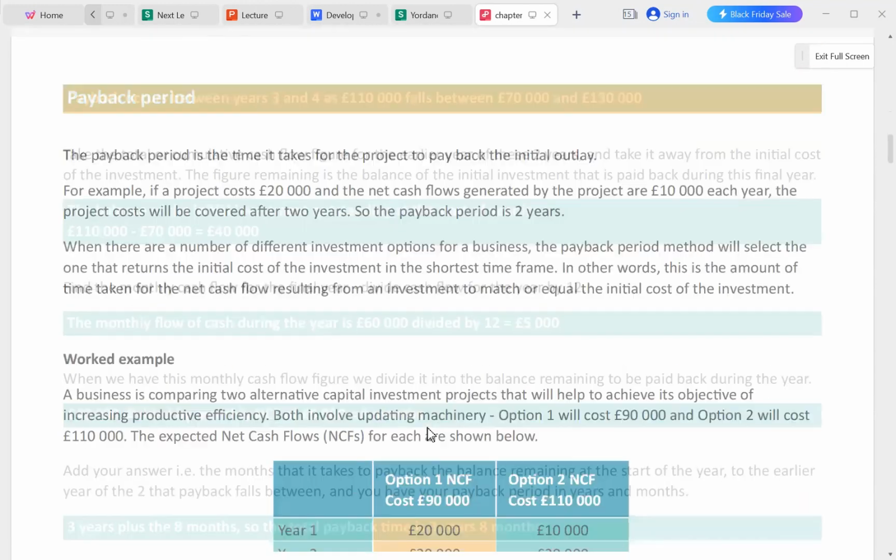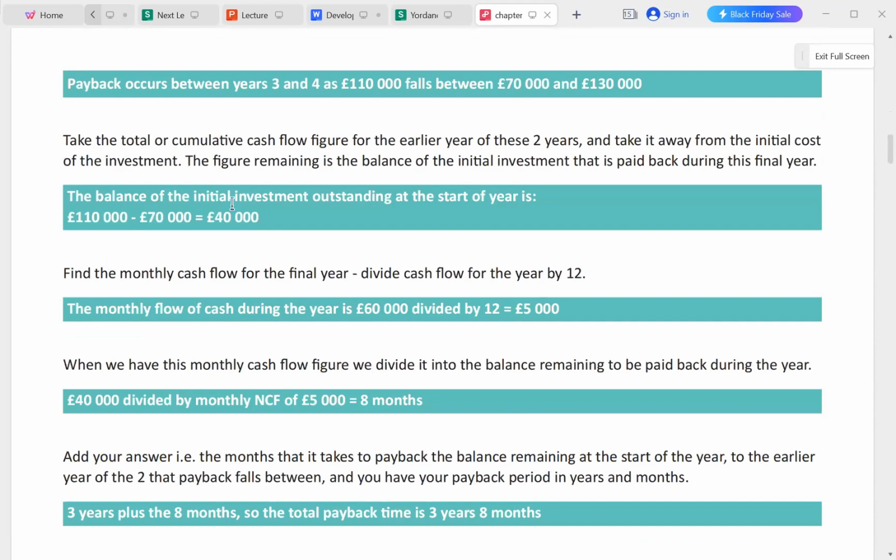Next slide. Payback occurs between 3 and 4 years for the 110,000. So as I said, it falls between the 70,000 and 130,000. So this money falls between the third year and the fourth year. That's why we said it will take us 3 years and 8 months, as we are calculating here. So let's go through it.